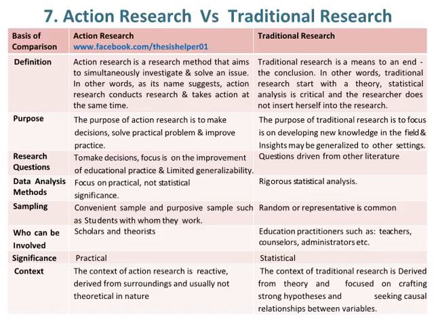The context of action research is reactive, derived from surroundings and usually not theoretical in nature, whereas the context of traditional research is derived from theory and focused on crafting strong hypotheses and seeking causal relationships between variables.